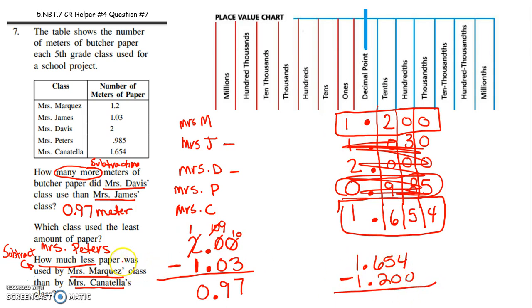When we subtract that off, we'll figure out how much less paper her class used than Mrs. Cantanella's. 4 minus 0 is 4, 5 minus 0 is 5, 6 minus 2 is 4, 1 minus 1 is 0. So her class used 0.454 meters less.